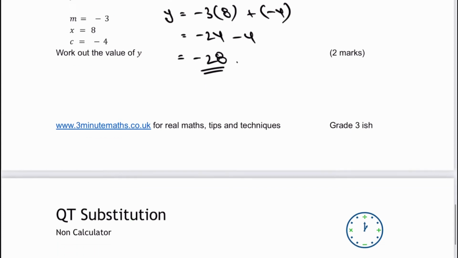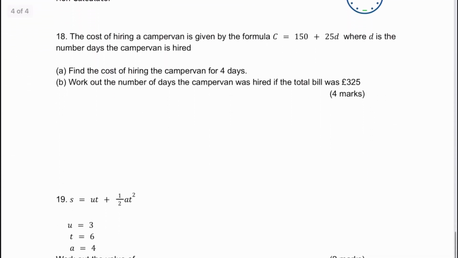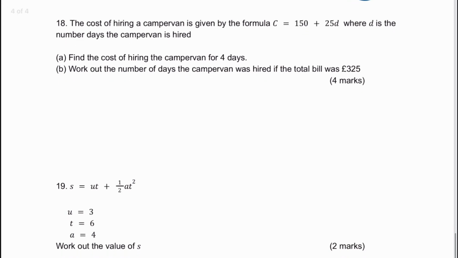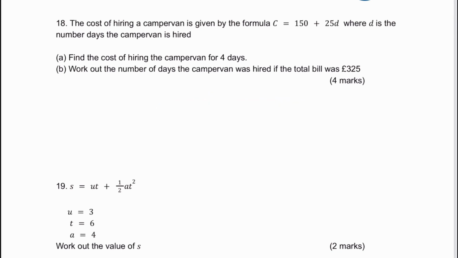Okay, so let's go on then to just a couple of slightly more tricky questions, but hopefully they should be fairly straightforward for you. So we've got the formula for the cost of hiring a camper van: C equals 150 plus 25D. D is the number of days and 150 is the deposit, if you like.